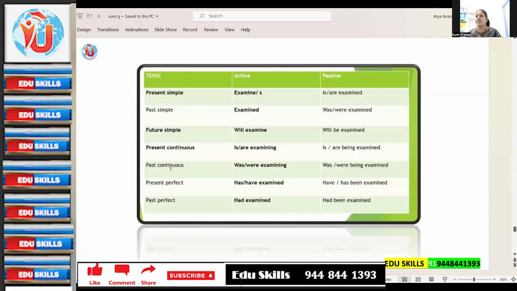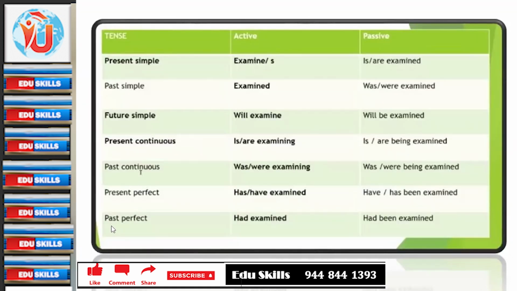Down below we can see the tenses, which I think were all completed by Priya, Shanmuga Priya. So this is present simple tense. We can see this: examine plus s for the third person, eat, like that. The passive voice we can use is or are examined.